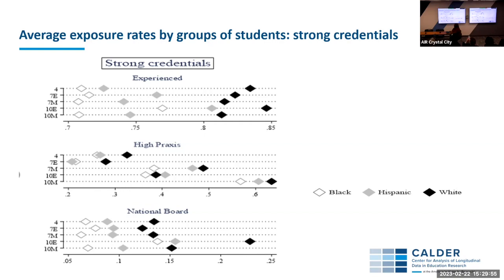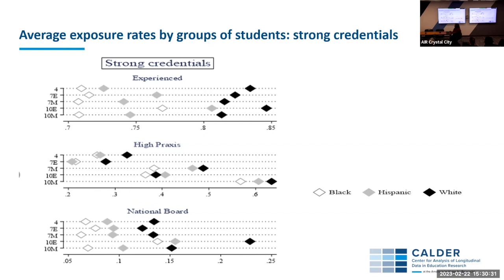And down here is whether the teachers have access to national board. And you can see in all cases, the diamonds that are colored in black, which refers to the exposure of the white students, are always higher than the proportions or the share of teachers that either Black students or Hispanic students are exposed to. Now, these are all the strong qualifications of teachers or strong credentials.